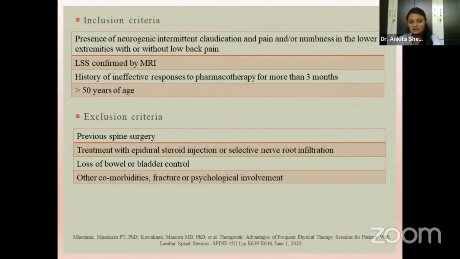The exclusion criteria were any previous spinal surgery, treatment with epidural steroid injection or selective nerve root infiltration, loss of bowel or bladder control, other comorbidities, fracture or any psychological involvement.